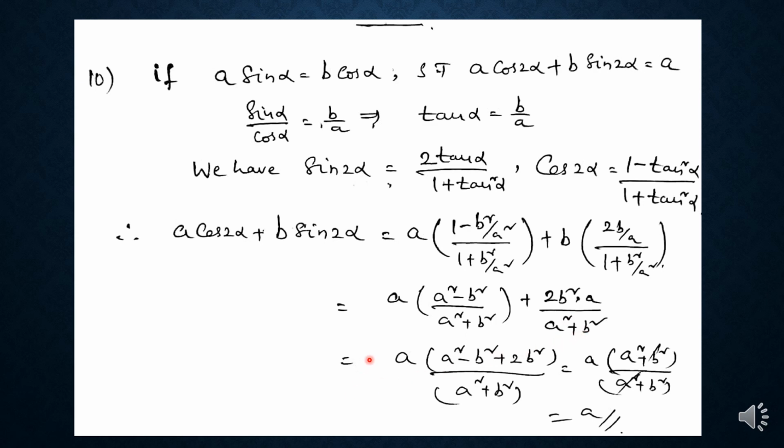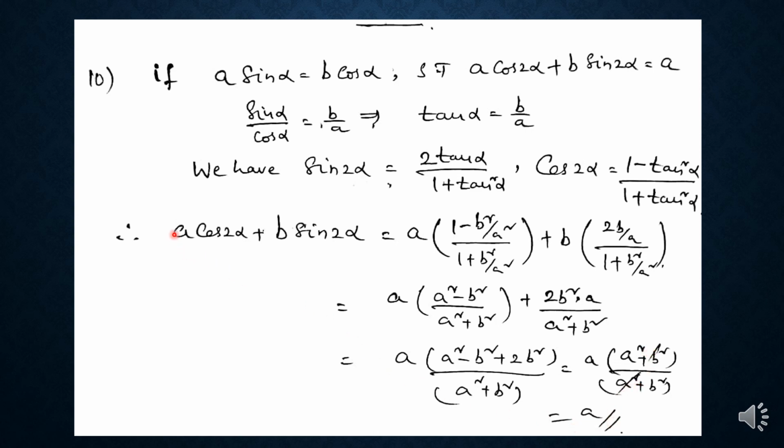That can be written as A into (A square minus B square plus 2B square) by (A square plus B square). So here the denominators are equal, so we can add the numerators. So here A square minus B square plus 2B square, that becomes A into (A square plus B square) by (A square plus B square). So these two get cancelled, we will get A.